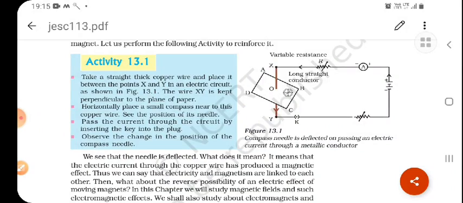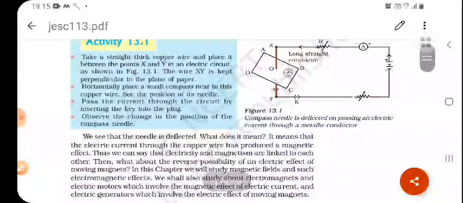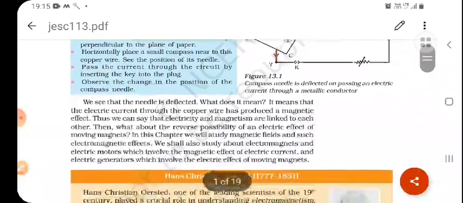So electric current through the copper wire has produced a magnetic effect. Thus we can say that electricity and magnetism are linked to each other. They are both linked, and the reverse possibility of an electric effect of a magnet is also true.